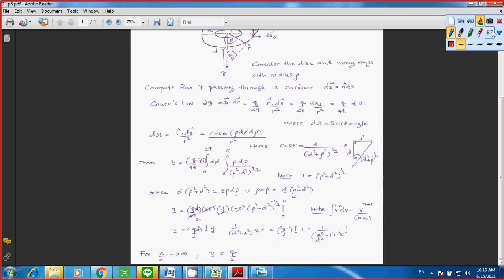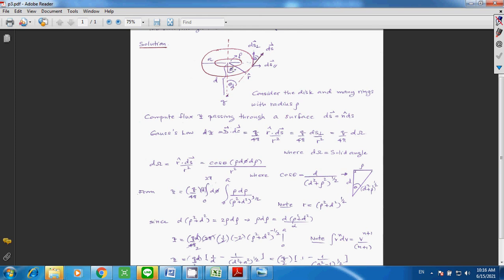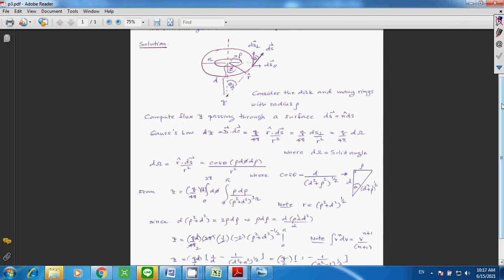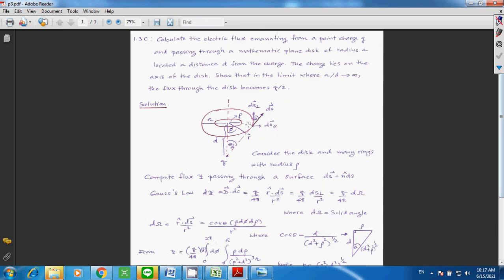So electric flux, you can see at this point, doesn't depend on the distance between the disk, or d in this case, from the point charge. It depends only on what? Q, divided by 2. You're probably surprised about that. It becomes a constant.